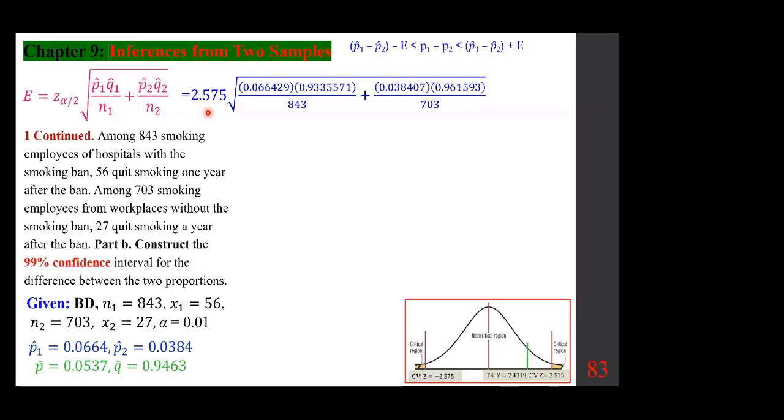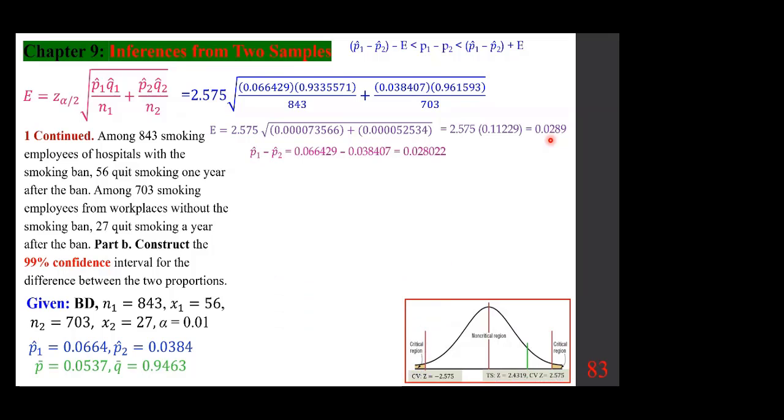We can use it here. We go through the process. E is calculated as 0.0289. We have p1 hat minus p2 hat, and we had it from the previous page, by the way. We had calculated it for the test statistic. And now we are going to add and subtract this number from that, resulting in the following.